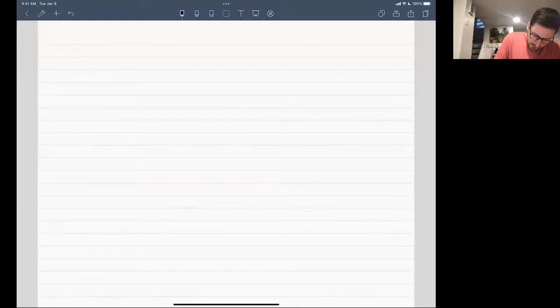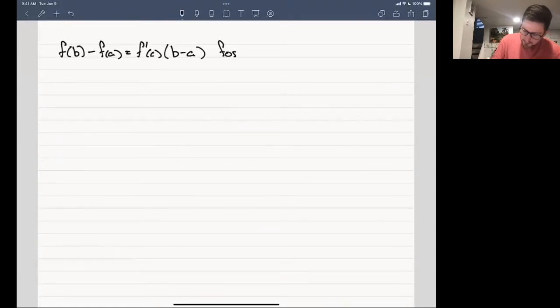Basically it says that if you have two values of a function, f of b and f of a, the difference between those values is equal to the derivative evaluated at some point c between a and b, multiplied by the distance between them. The only thing we're really assuming here is that f is differentiable.